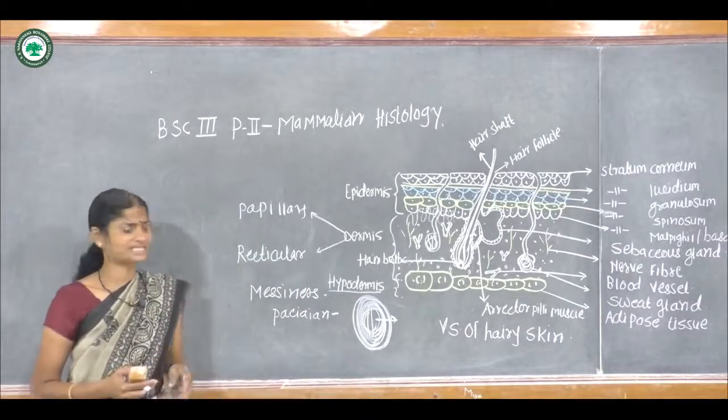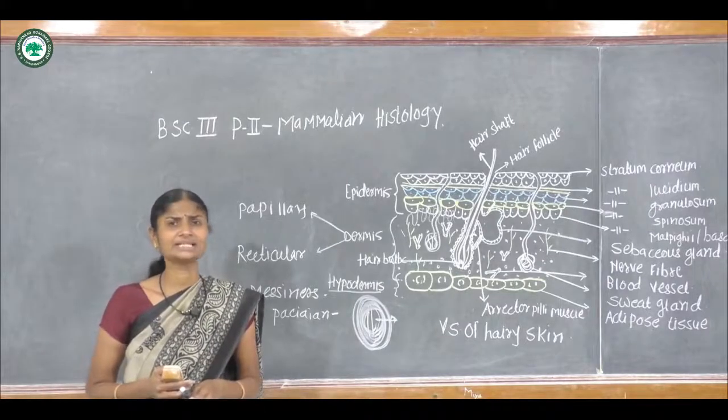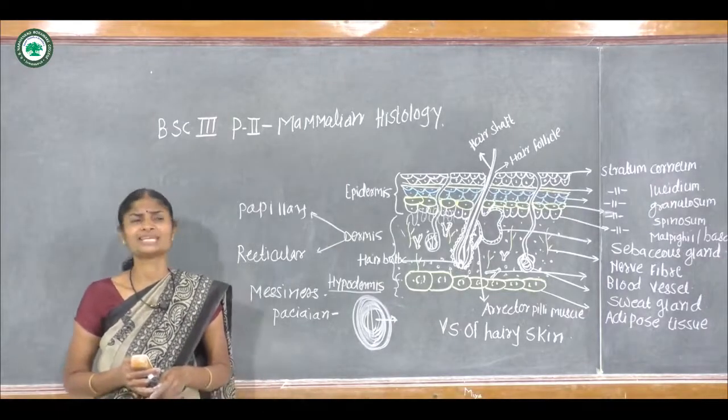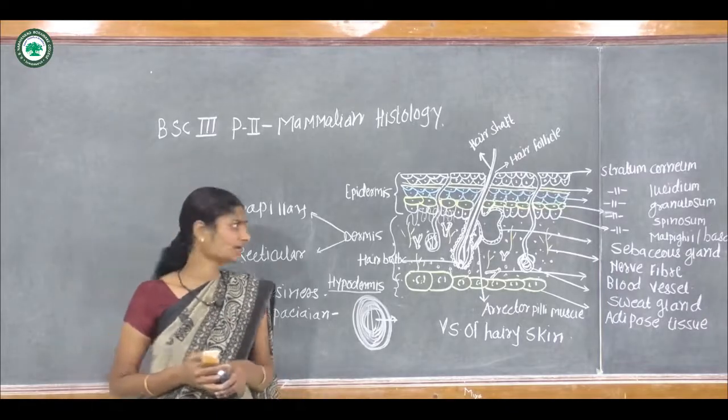These Pacinian corpuscles are present in the dermis of skin, that is palm and sole region.